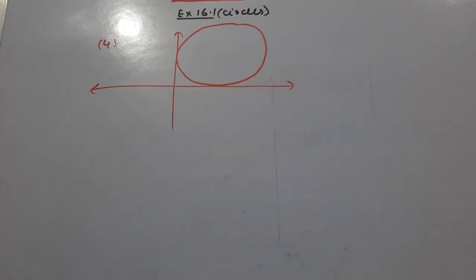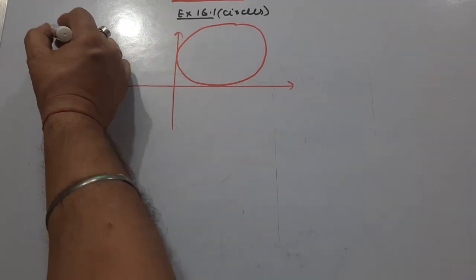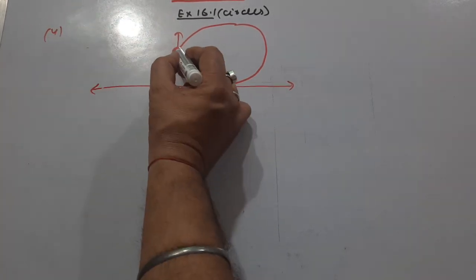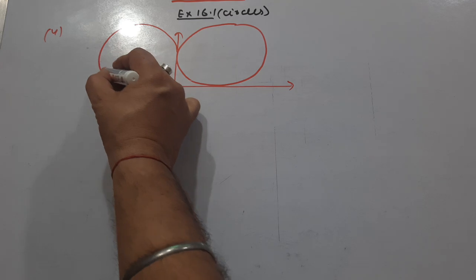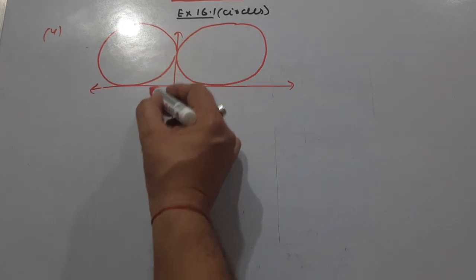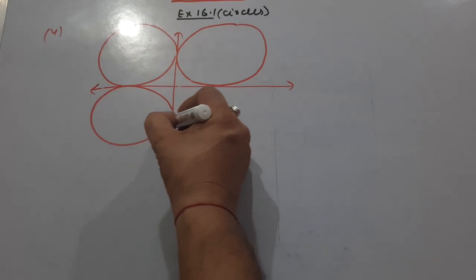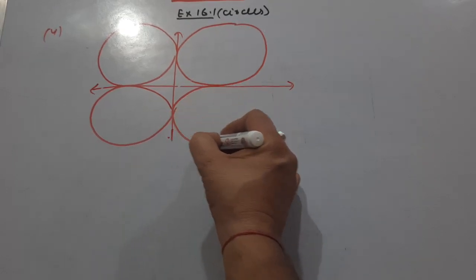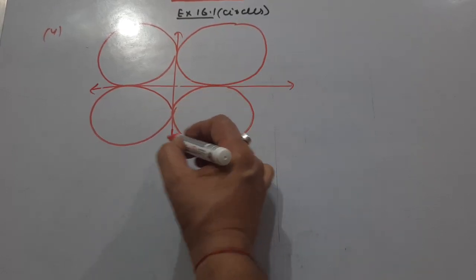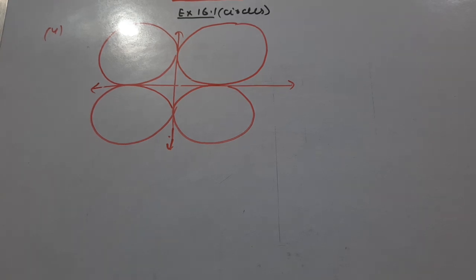Either the circle touches both the axes in the first quadrant, or in the second quadrant, or in the third quadrant, or in the fourth quadrant, like this.